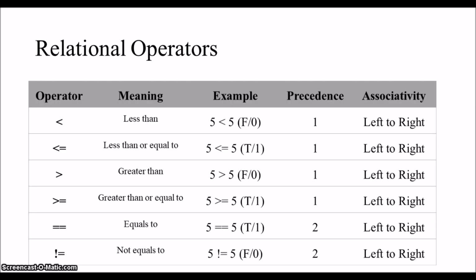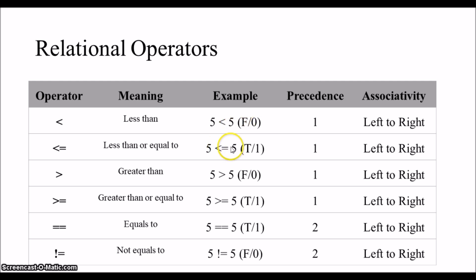Then which are the relational operators? There are totally 6 relational operators: less than, less than or equal to, greater than, greater than or equal to, equals to and not equal to. So here are the examples. 5 less than 5: this less than operator finds the relation between the left hand side operand and the right hand side operand. 5 less than 5 is false.